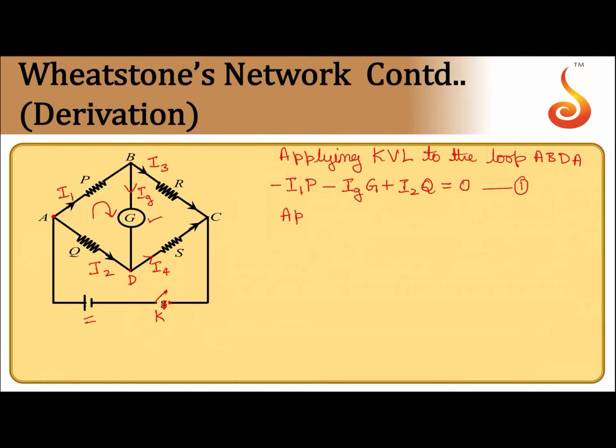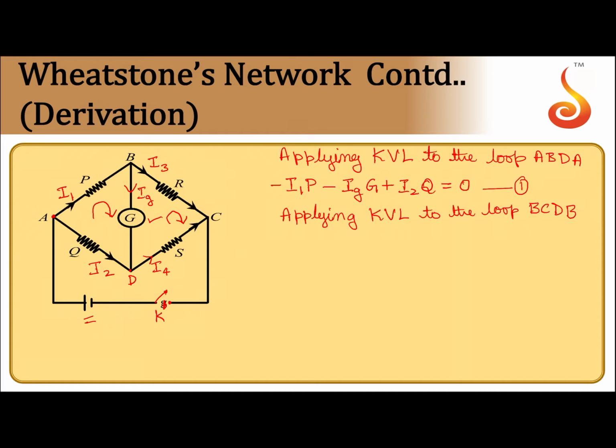Now again applying KVL to the loop BCDB, what do we get? This is the direction of traverse.